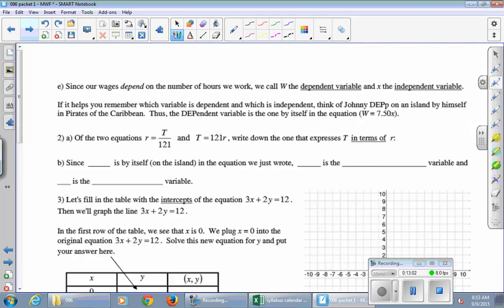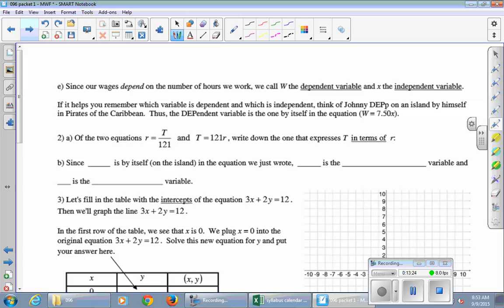Okay, more vocabulary here in E. Can we go to Andy? Okay, brand new vocabulary, dependent variable and independent variable. In this case, W is the dependent variable. I've got a silly mnemonic device. We'll see if it helps.